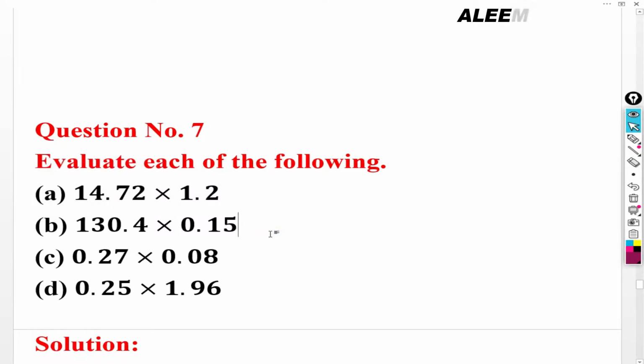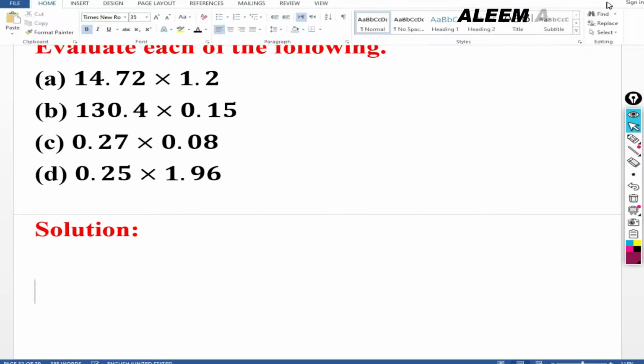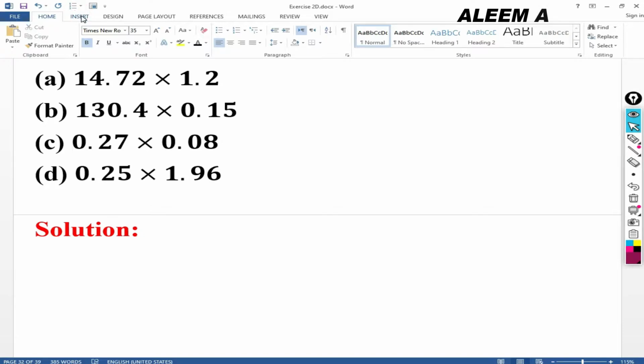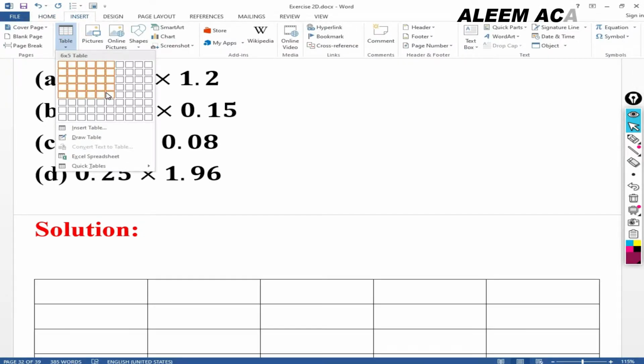We make it very easy for you. How? Just see it. First of all, we draw a table here for multiplication. Simply go to insert and then table to draw a short table.